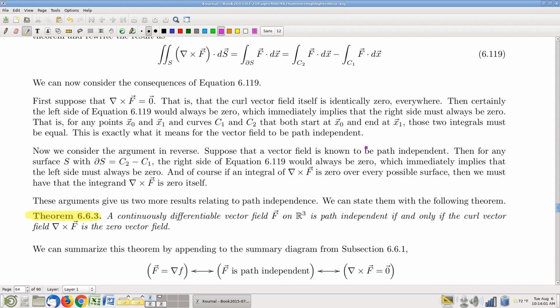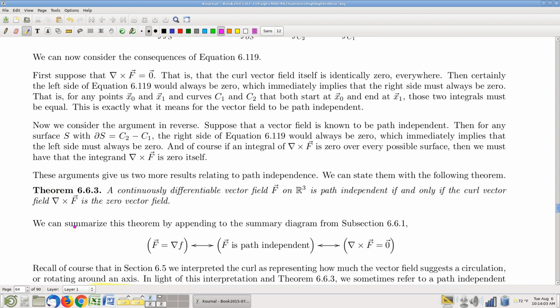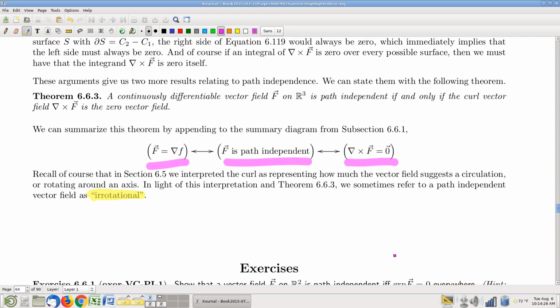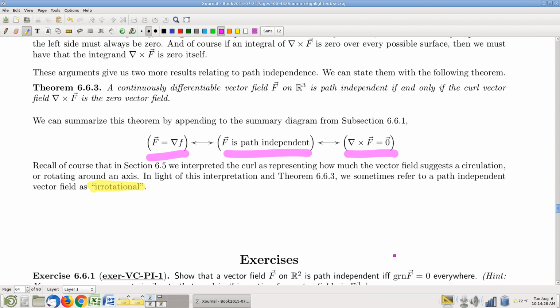So I'm going to append our list of conclusions here. We showed, most of it anyway, that being a gradient means path independent and vice versa. And now we have that path independent means that the curl is 0 and vice versa. So what we actually have then are 3 simultaneous conditions. It's weird when this happens, but these conditions, from an algebraic point of view, look totally different.